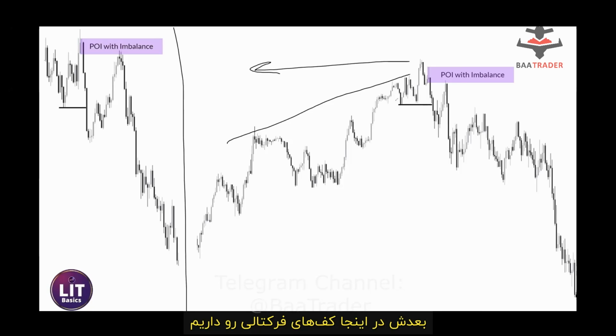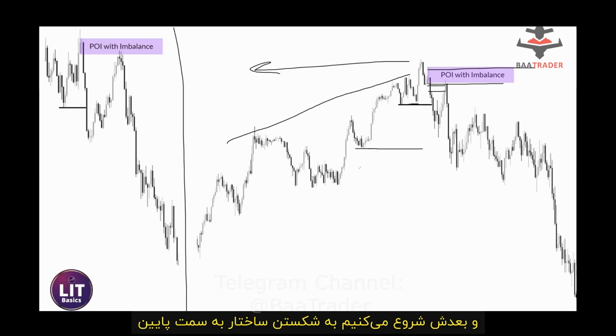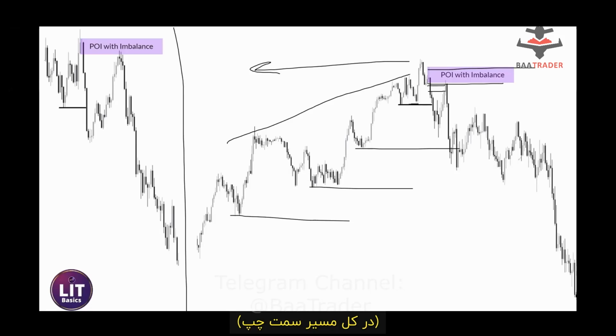What we have then is fractal lows over here. Before that we have, of course, price breaking those fractal lows, and then of course a POI with the imbalance between there and there. Price taps into the imbalance, and then we start to break structures to the downside all the way to the left and get our reversals.